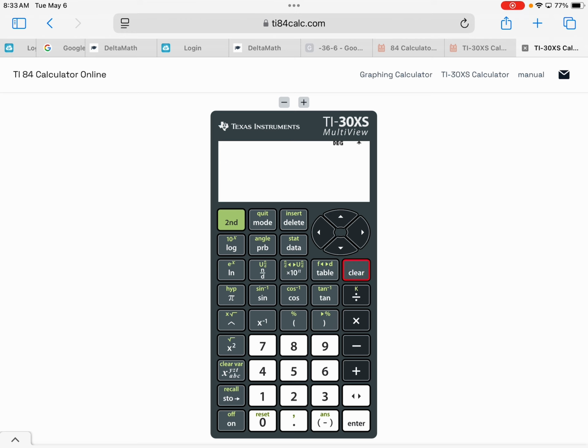So we have the tangent of 39. I'm just going to hit the tangent button of 39, and then I'm going to hit equal. Don't try to multiply the other number inside of that. So tangent 39 gives me a decimal, and then I'm going to multiply that times 75.